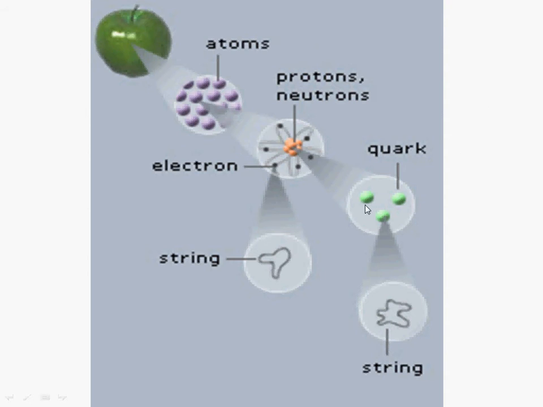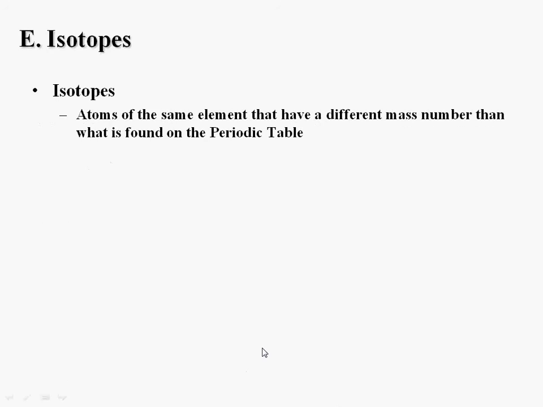So protons can be broken down into quarks, which actually can be broken down into strings. And string theory is a pretty cool cutting edge thing that's going on right now. And if you want to get into some of the coolest research on the planet, string theory is one of those things.